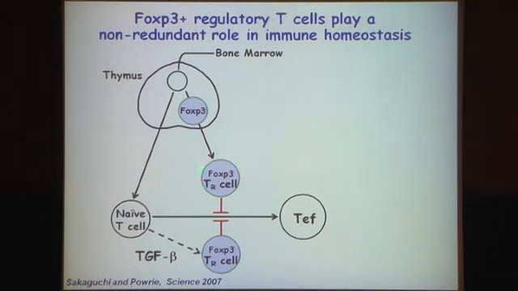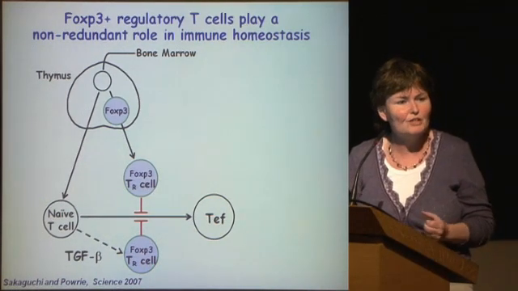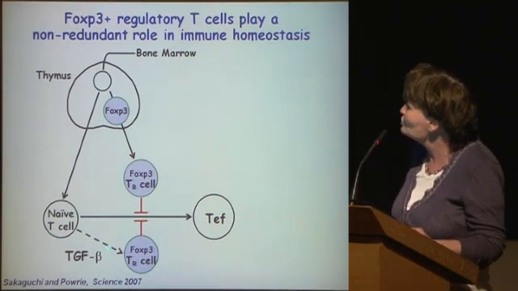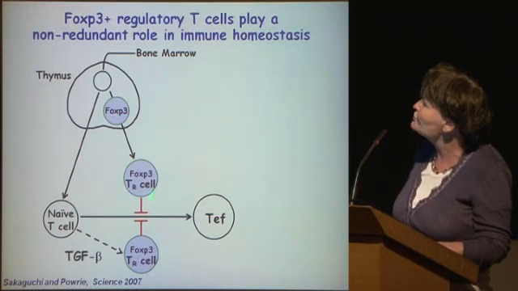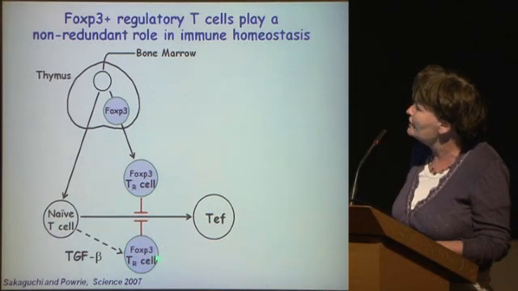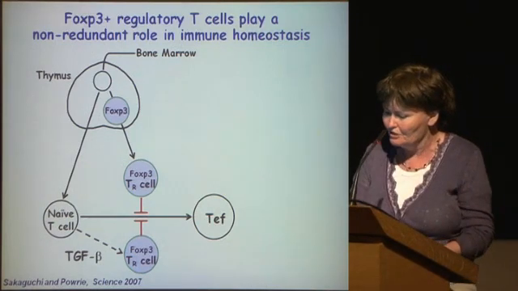Not only are there thymic-derived regulatory T cells, but peripheral T cells under the influence of TGF-beta can acquire a regulatory T cell phenotype. And of course, the relative contribution of the so-called natural versus induced is the focus of a lot of investigation.